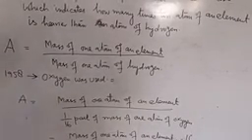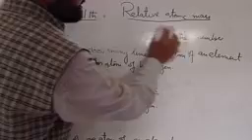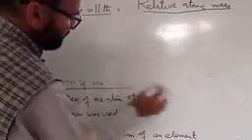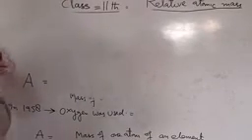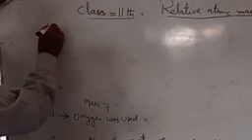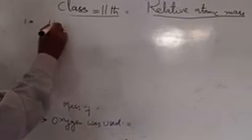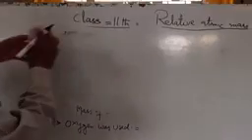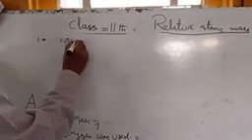Now the question is, why was oxygen used? With oxygen all the elements combine and form oxides. So the first reason is that oxygen forms compounds with almost every element.